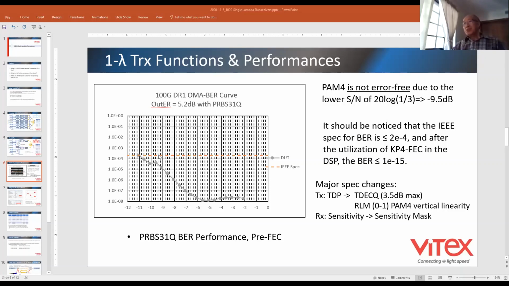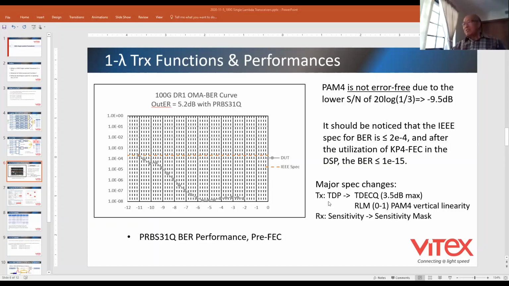But if you don't turn on the FEC and you have this curve, it should still be okay. So if you see this, you should feel good, because it is what it is supposed to be.